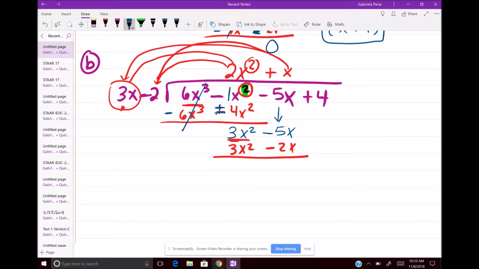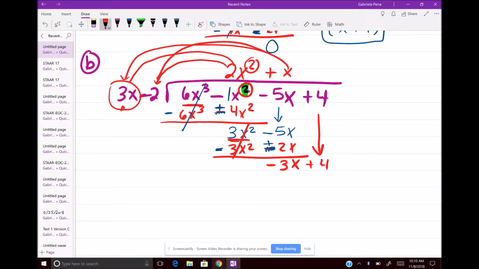But then don't forget, it changes this into a negative and this one into a positive. Do the first two cancel the way they're supposed to? Yes. Negative 5 plus 2 becomes a negative 3x, and we bring down the 4 plus 4, right?